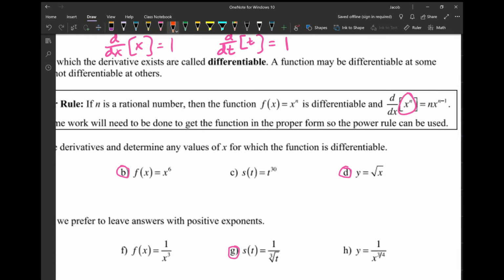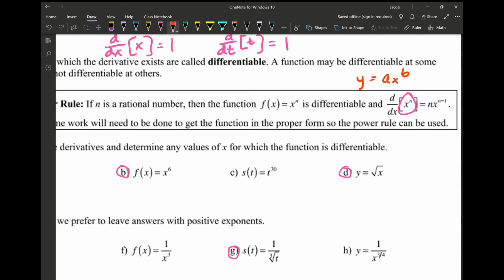I'm going to say we need it in the form a x to the b in order to use the power rule. Now, there's no a here, there's no coefficient, but you'll see that later on as you continue on in this practice worksheet.